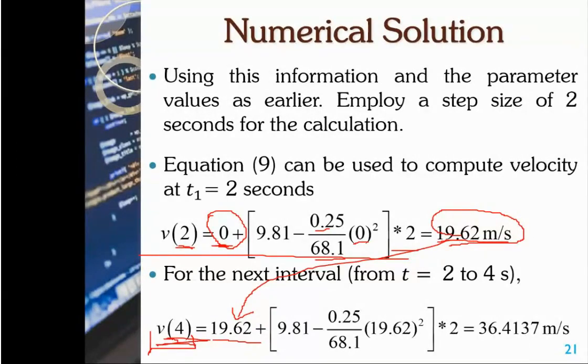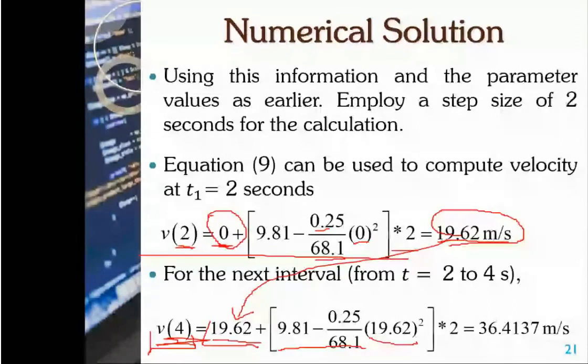In doing so, our new velocity will be estimated as 19.62, which was the velocity at time equal to 2 seconds, plus the remaining parameters remain the same. However, this velocity that we had here also changes to the current velocity of the jumper at 2 seconds, which is 19.62, all squared, times the step size.